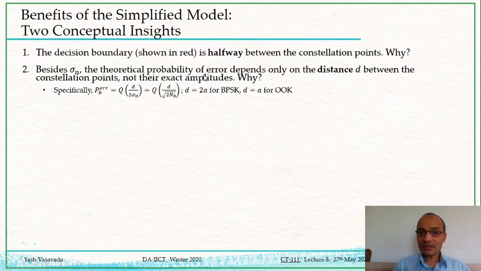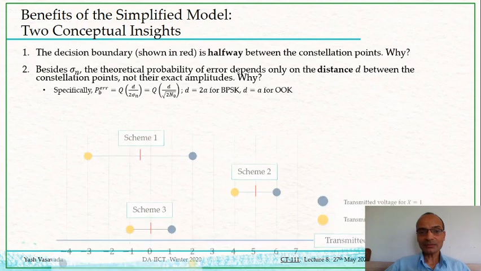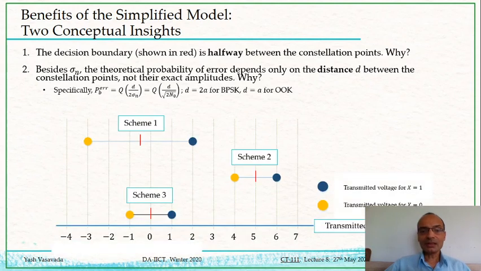But this statement applies generally. It doesn't have to be BPSK, it doesn't have to be OOK, it can be any different way in which the transmitter can opt to place the constellation points. So here in this diagram I am showing 3 different schemes.